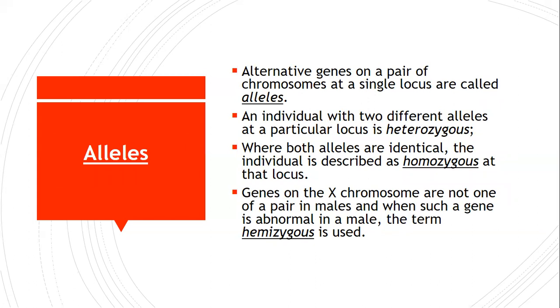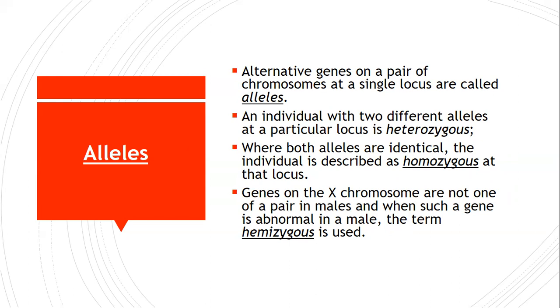Alternate genes on a pair of chromosomes at a single locus are called alleles. So it is said that for every disorder, there are two genes, one from the father, one from the mother, at a single locus on the pair of chromosomes.